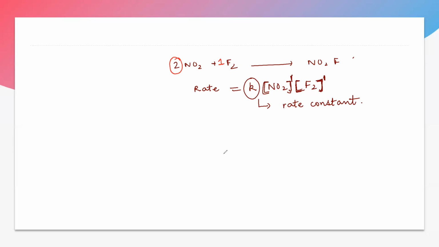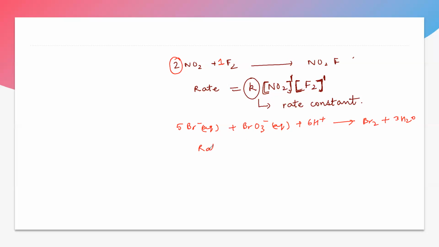Let us take another example. Suppose we have 5 Br negative aqueous plus BrO3 negative aqueous plus 6H positive, giving rise to 3Br2 plus 3H2O. So how to write the rate?